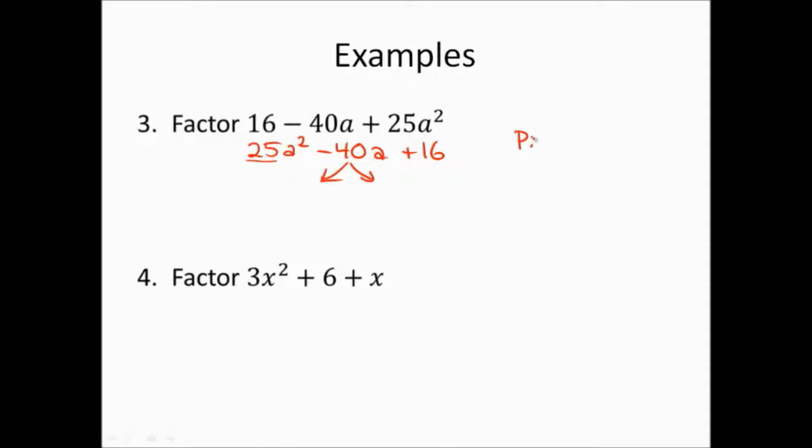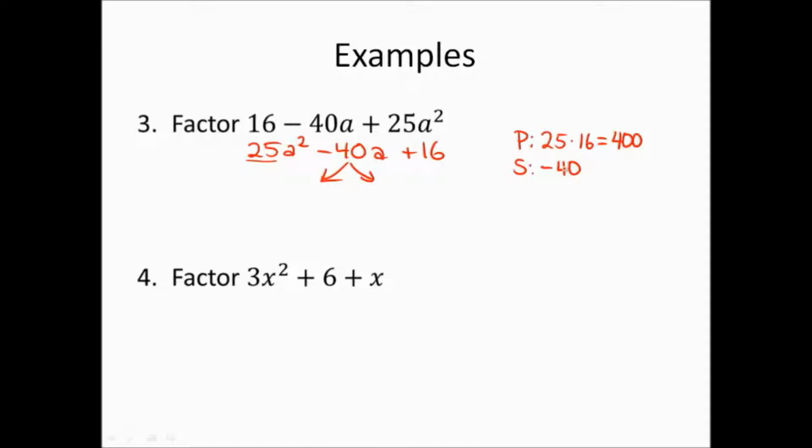The product that we're looking for for these two terms is whatever multiplies to 25 times 16, which is a really big number, 400. But it seems like a nice number. And sums to negative 40.